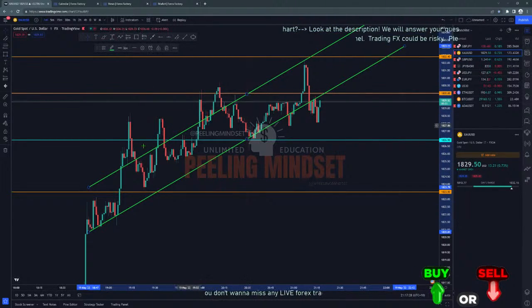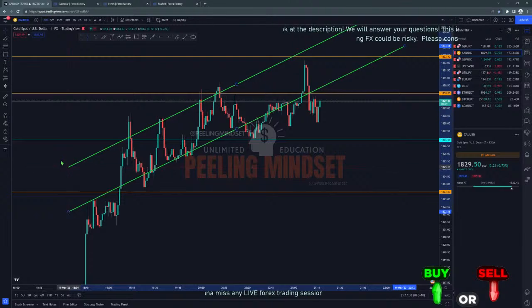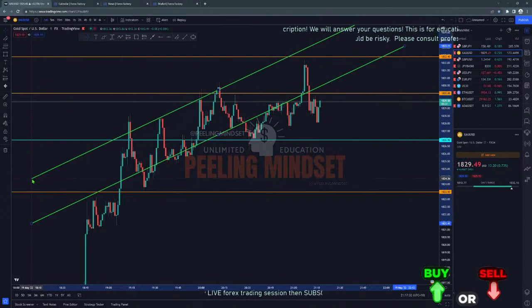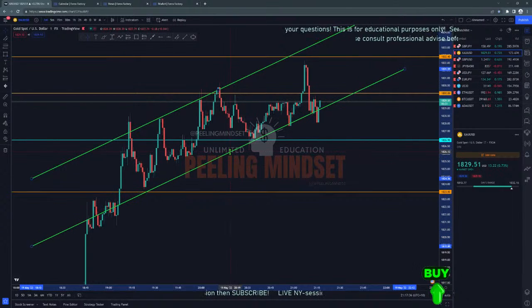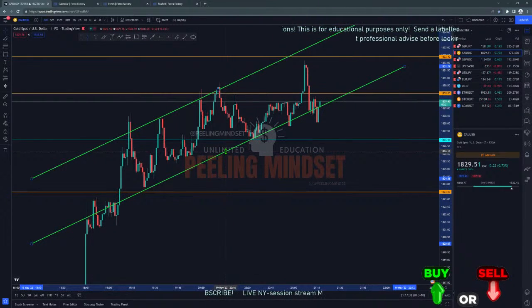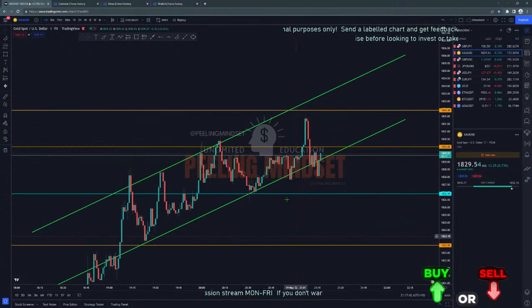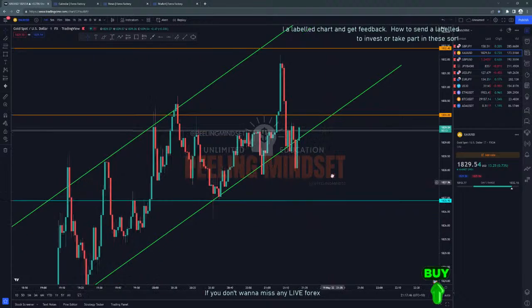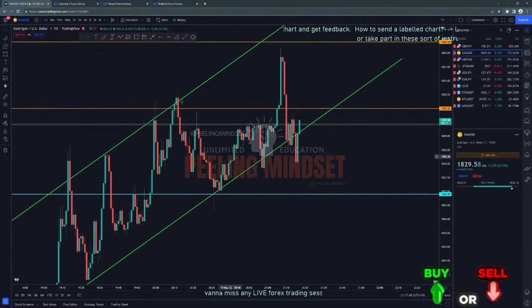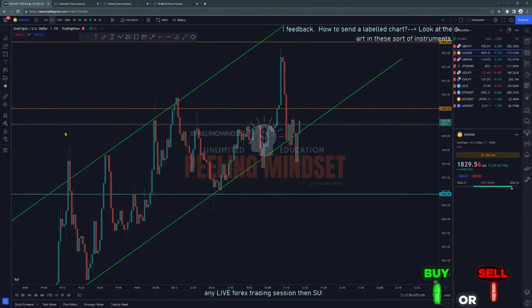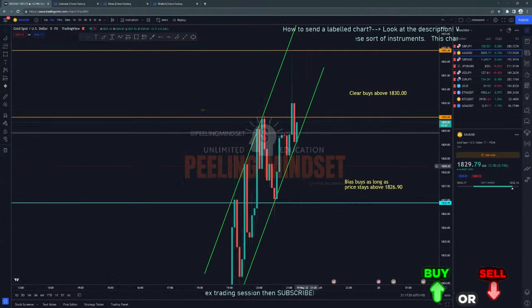Okay. And it might push up and probably. It's actually, I guess, probably. Yeah, it's playing around the channel. Maybe once we start breaking 1826.90, there is a chance we can push down.